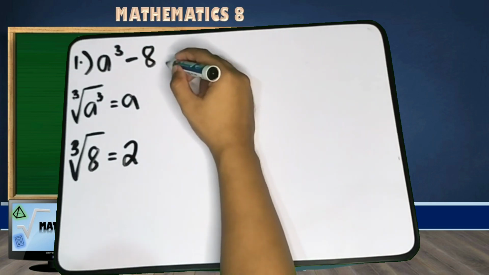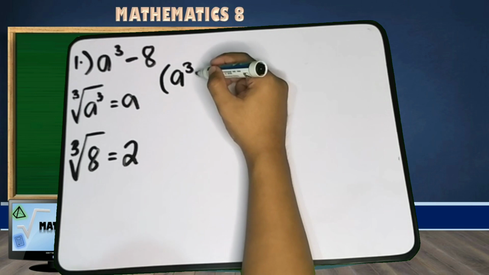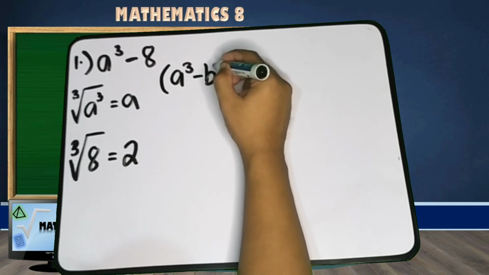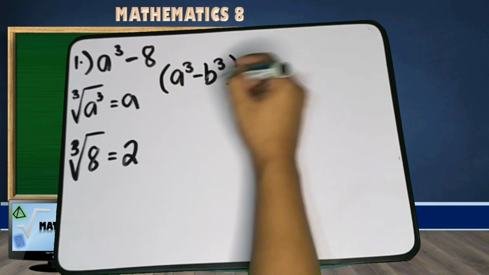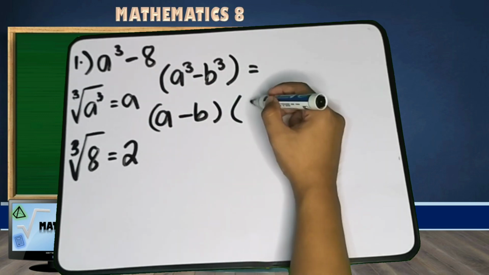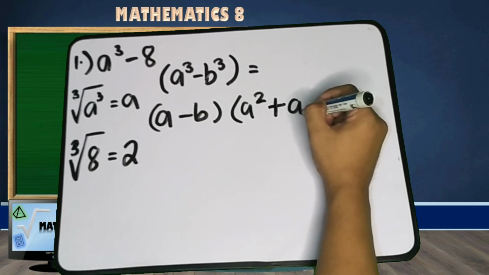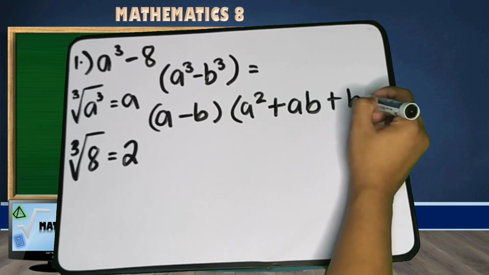Now, using the formula, a cube minus b cube is equal to a minus b times the quantity a squared plus ab plus b squared.